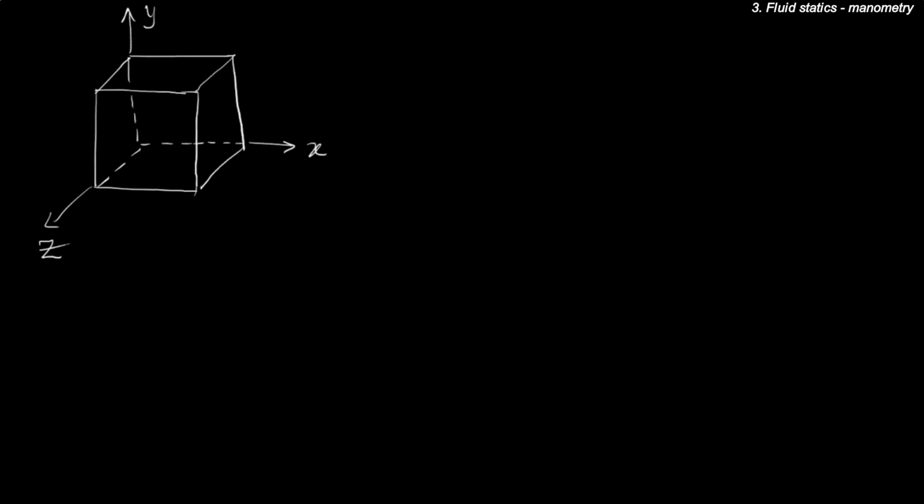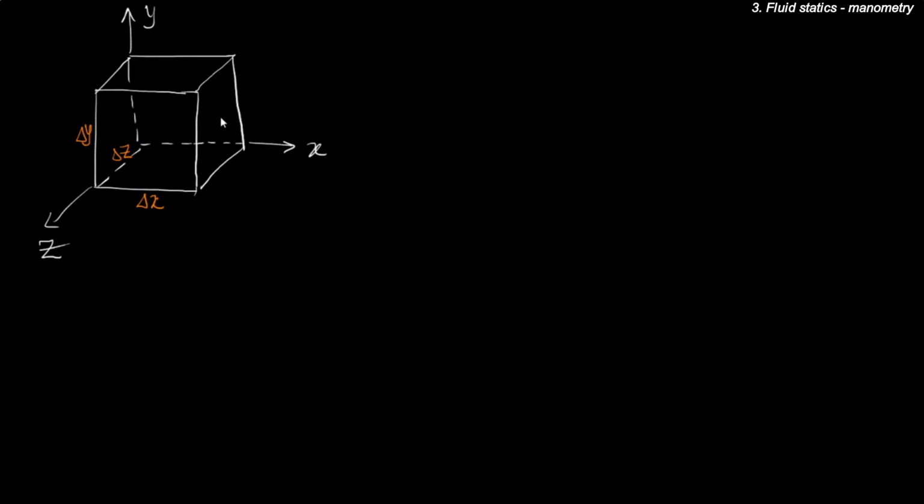Consider this fluid element and this length delta x, this length delta y, and this length as delta z. So delta x, delta y, delta z are the lengths of the differential element.